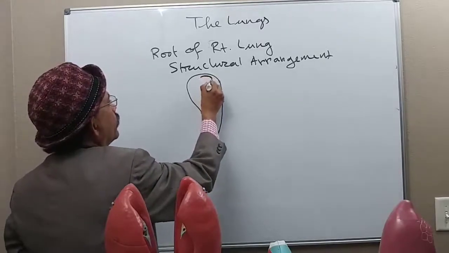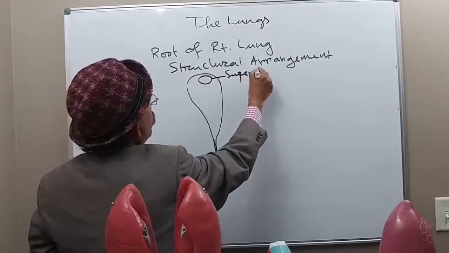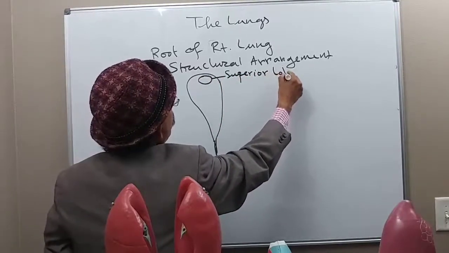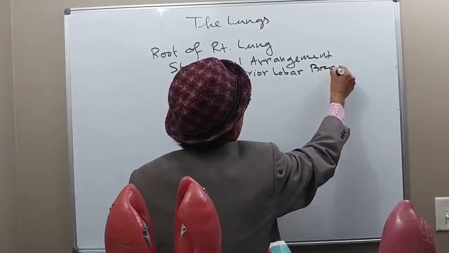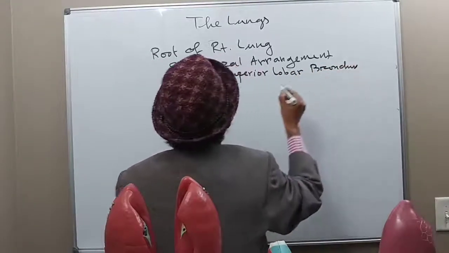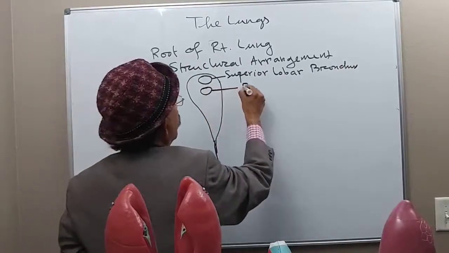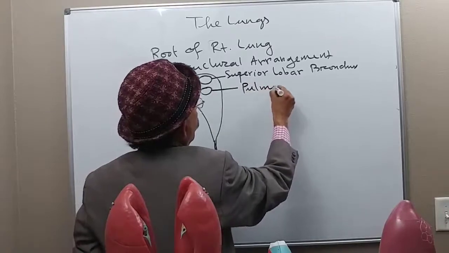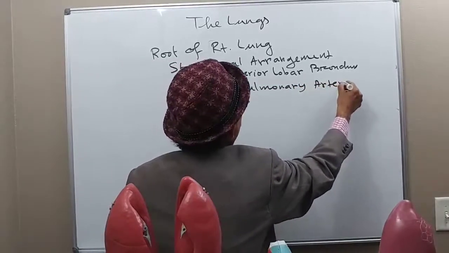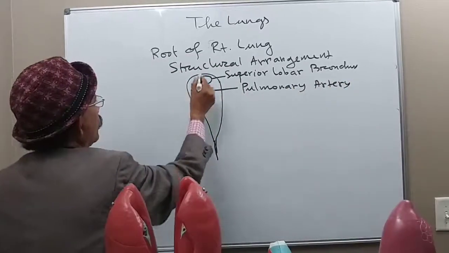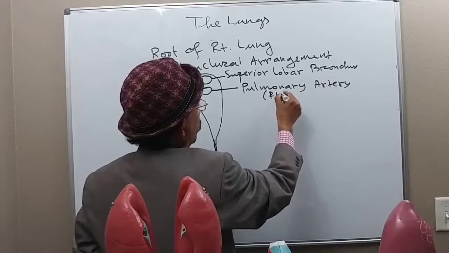in the upper part the superior lobar bronchus. Then we'll get the pulmonary artery. We are looking at the right lung, so it should be the right pulmonary artery.